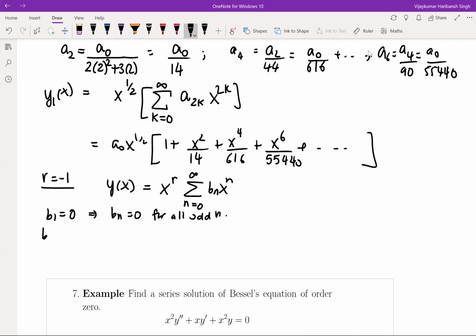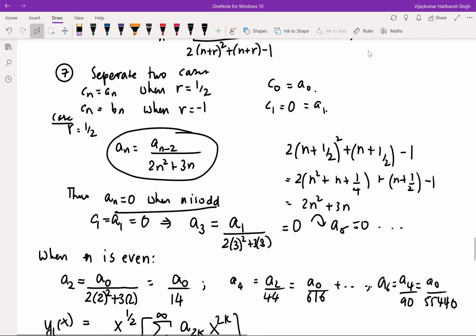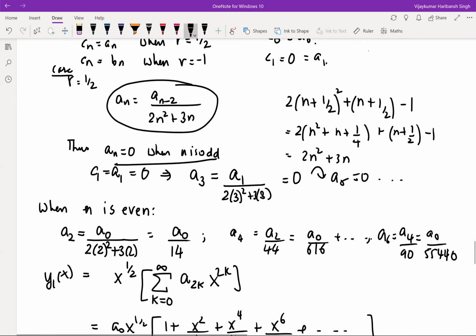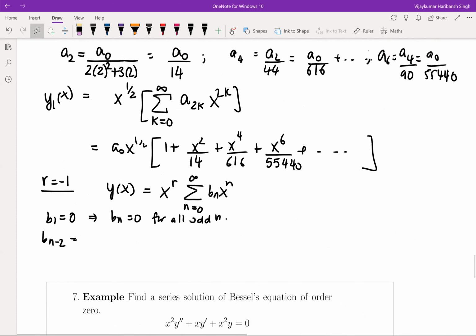Now, what is b_n? Again, the same way. It's the same thing as c_n, right? But instead we have r equals now -1. So b_n is going to be b_(n-2) upon 2n squared minus 3n.